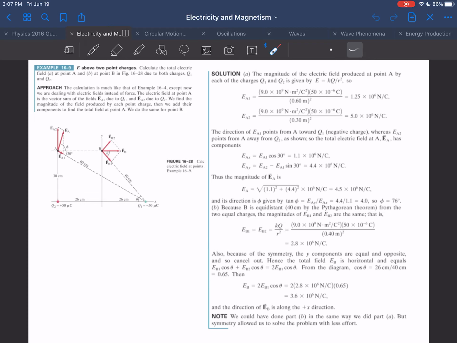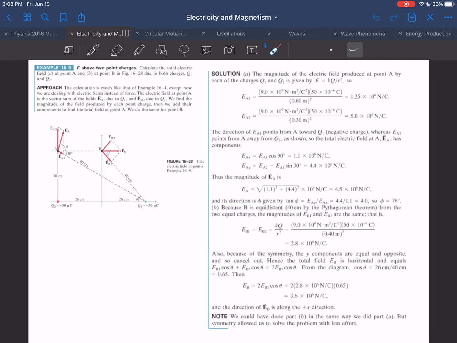A is trickier. A is probably the most annoying kind of problem you'd be given. The electric field at A is due to two components, the electric field from Q2 and the electric field from Q1. The electric field from Q2, because it's the force that would be felt on a small positive test charge, is up and sort of directly away from Q2. It's vertical. And the electric field contributed by Q1 is towards Q1 at an angle of 30 degrees as measured to the horizontal.